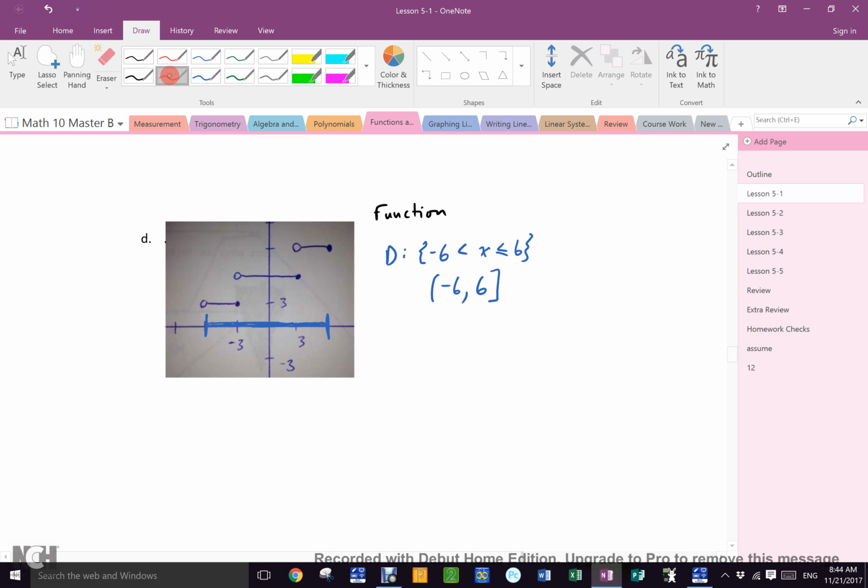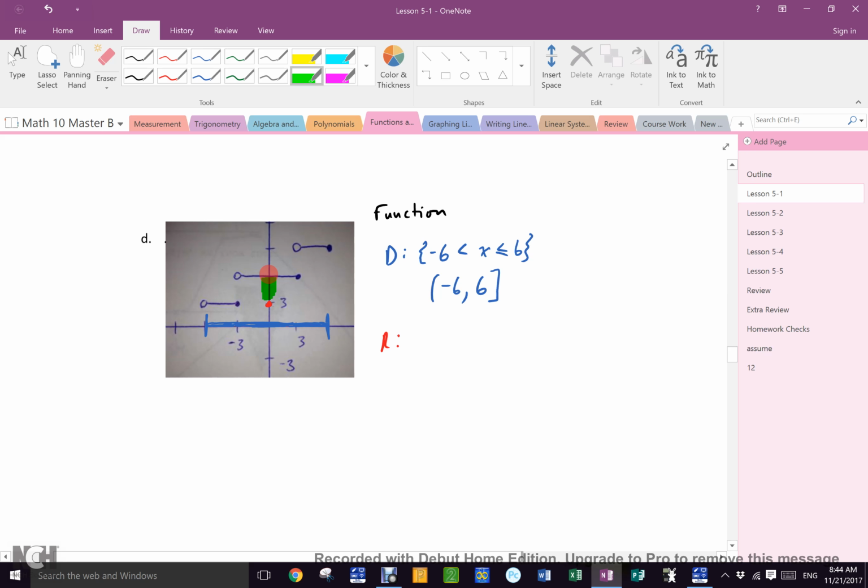All right. Now, what's different about the range here? I have a value there, right? Do I have anything in here for range? Are there any y values between 3 and 6?